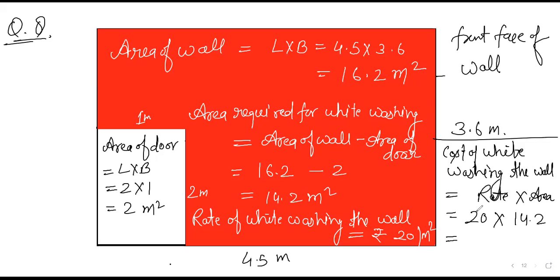If you simplify this, you will get 284 rupees. This is rupees, meaning the rate is given in rupees. So the total cost of whitewashing the wall is 284 rupees. Okay, so in this way we will complete exercise 11.1.